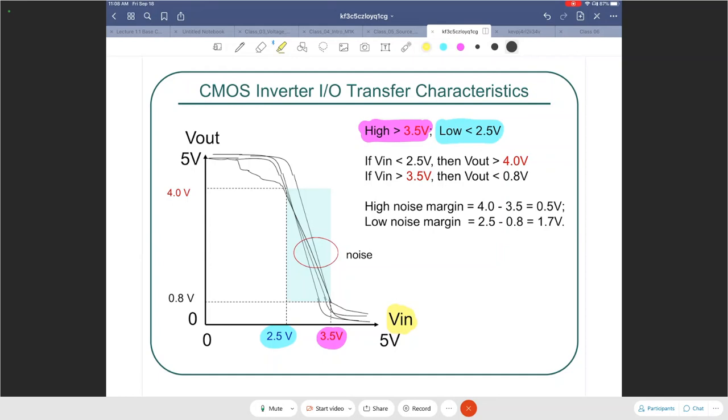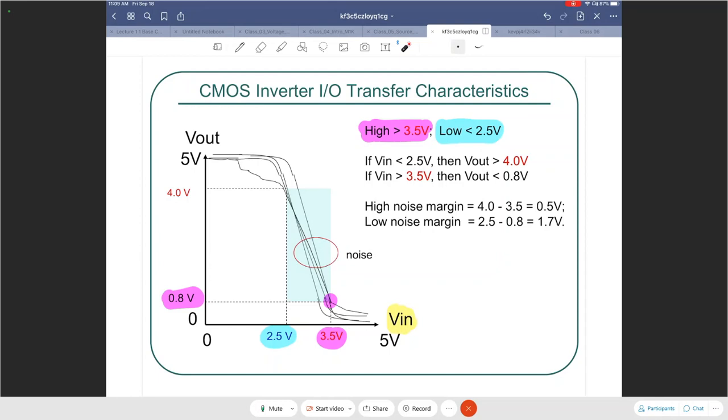When the input is 3.5, the transfer characteristic tells me that the output is going to be 0.8. So there are multiple lines because there were multiple experimental trials, right? So don't get confused by that. It is just multiple trials or multiple NOT gates we are showing on one graph.